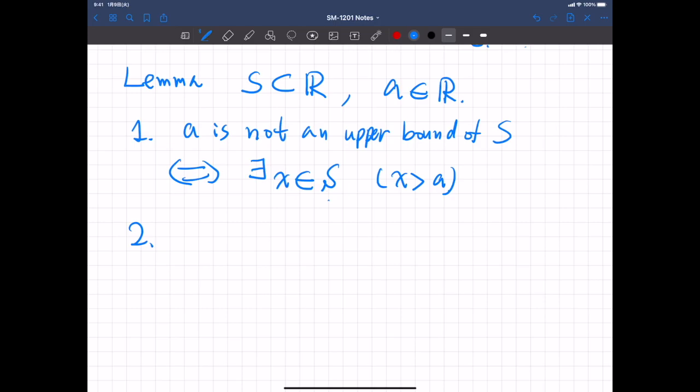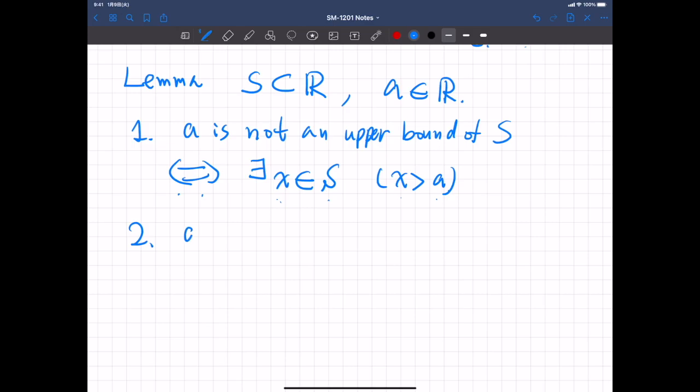Okay, so it's if and only if. So if you assume A is not an upper bound of S, then there is some x in S such that x is greater than A. And if there is some x in S that is greater than A, then A is not an upper bound by definition, right? So it's trivial.